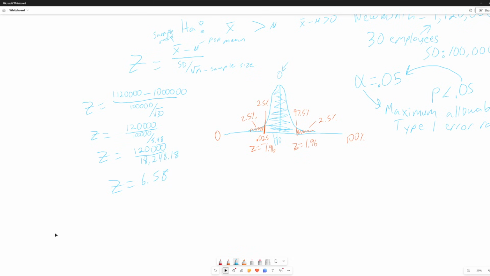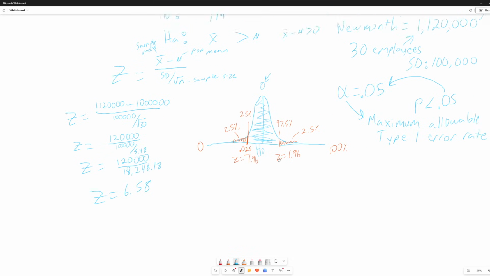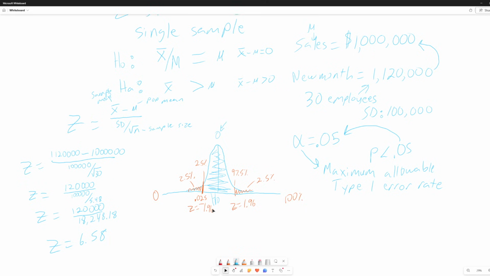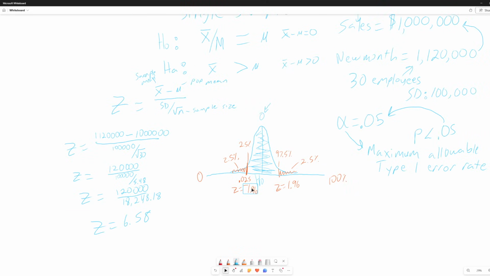So now the question is, did my sales tactic significantly improve sales compared to the population average? We're going to look at the Z here and compare that to our critical values. Well, our Z fell somewhere way over here. So is there a significant effect? Yes. We would say that there is a significant effect.